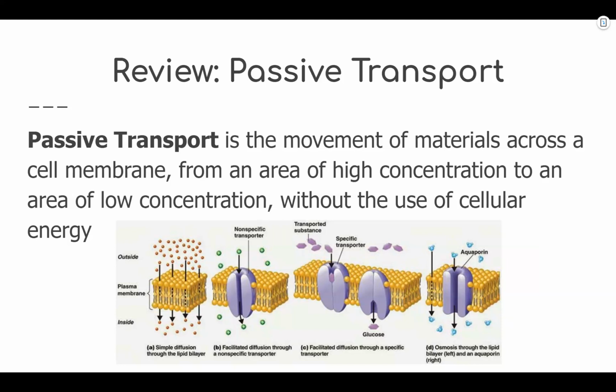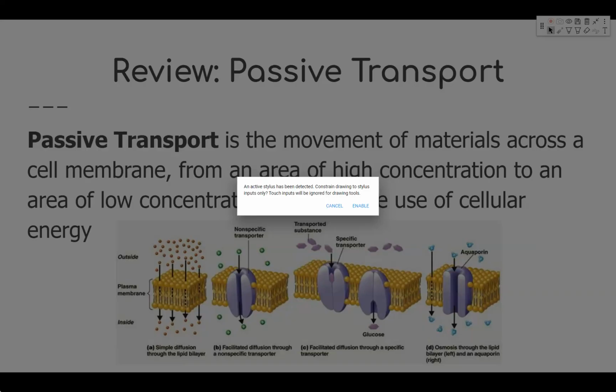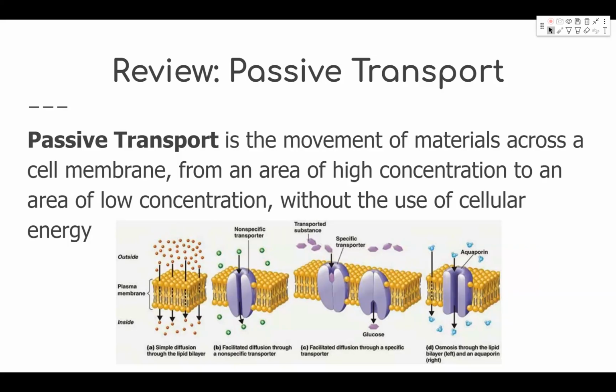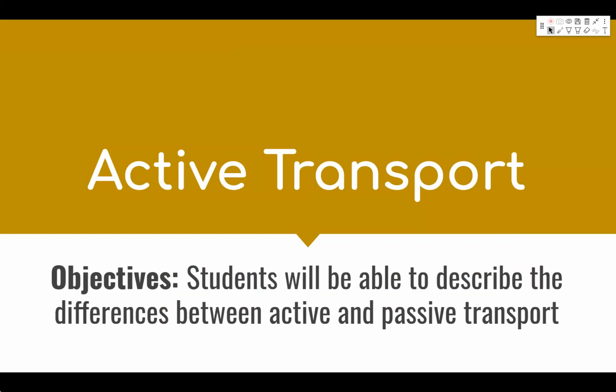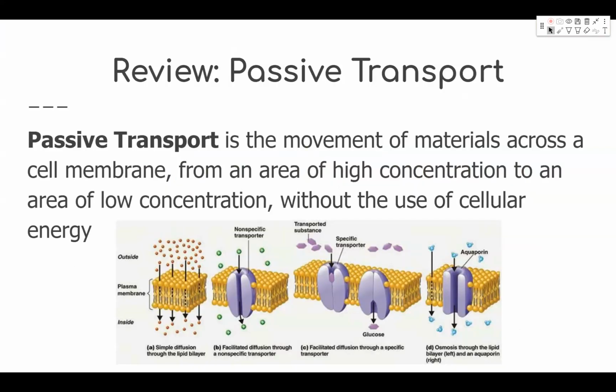Let me see, draw a little picture. I guess I could use the pen so it translates via everything else. All right. So let's say we've got a little cell membrane. This is outside the cell. This is inside the cell.